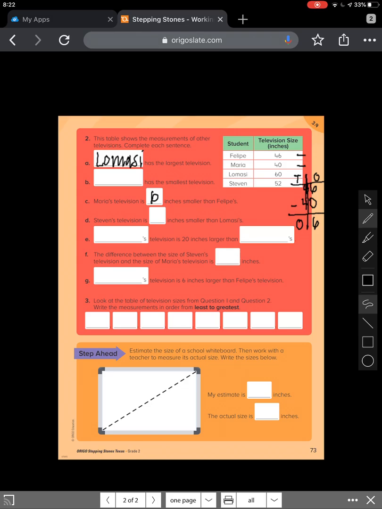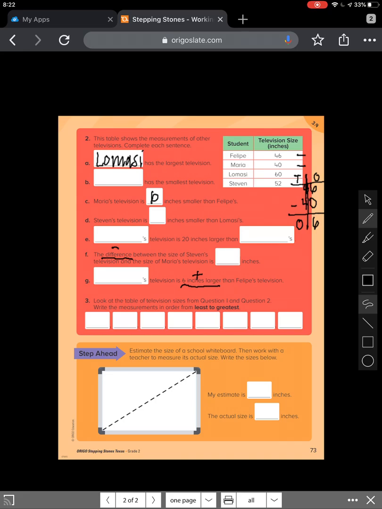Letter F says the difference between the size of Steven's television and the size of Maria's television is blank. Remember, when we see the word difference, that means we're subtracting. G, blank's television is 6 inches larger than Felipe's television. So larger, that's telling me that I'm going to be adding.